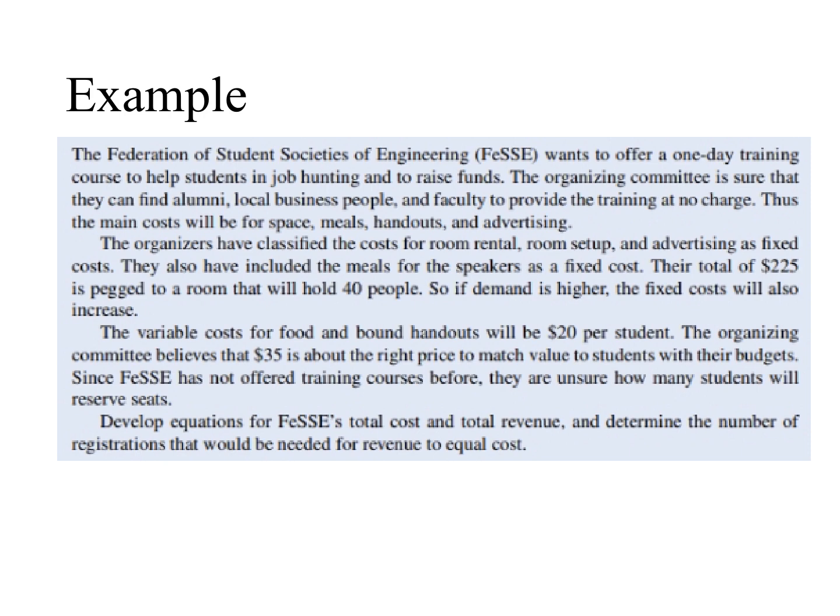The variable cost for food and bound handouts will be $20 per student. So now here comes the other term, variable cost. Because as the student number increases, the cost will also increase because it is per unit. The organizing committee believes that $35 is about the right price to match value to students with their budgets. Now, since the federation has not offered training courses before, they are unsure how many students will reserve seats.